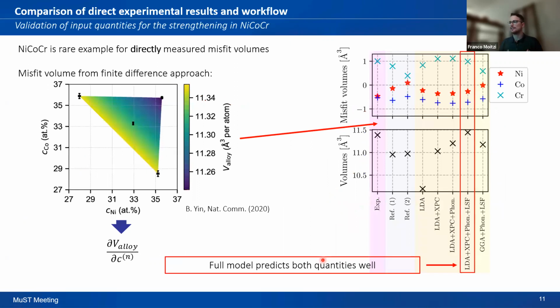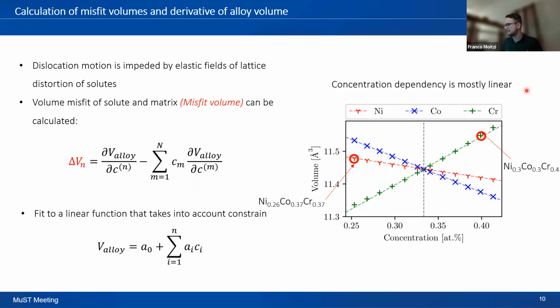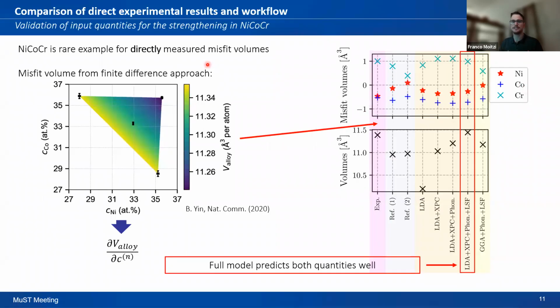And here, I just took this very simple nickel cobalt chromium example. The reason why I took this is because this is a very rare example where direct measurements actually exist. So where people really varied the concentration of the elements, did this experimentally, and also tried to control the parameters of the experiment.